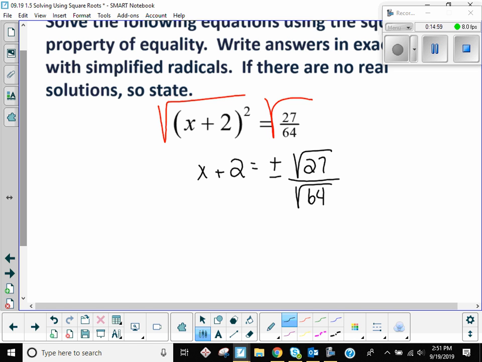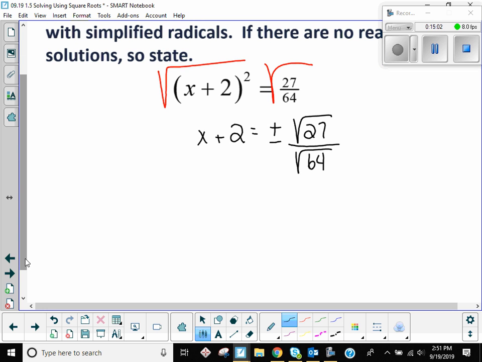So what is that going to be on the bottom? 8, okay. And then for the top, you need a little baby factor tree. You don't need a full-grown factor tree. It's a small number. So take a minute, factor 27, and do your simplifying. Raise your hand when you've simplified radical 27. Kat, what'd you get when you simplified radical 27? 3 radical 3.